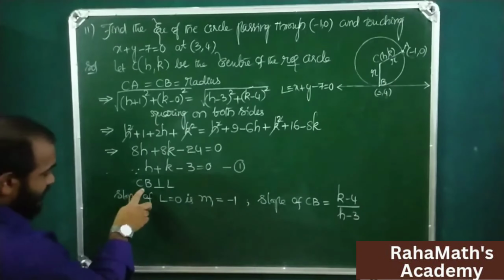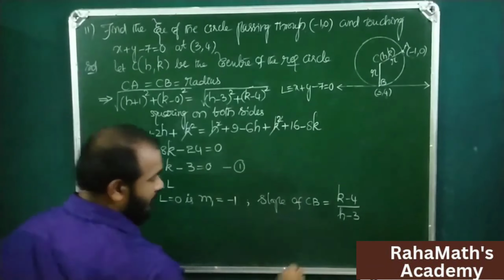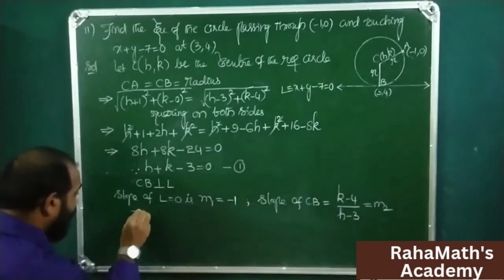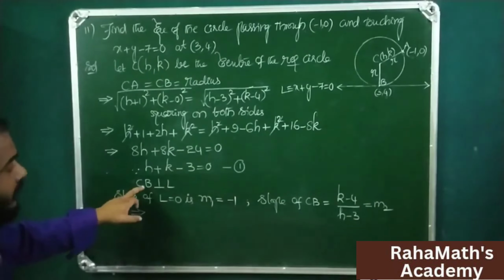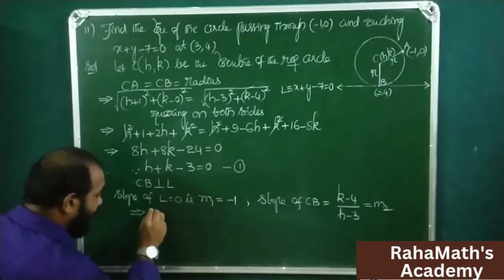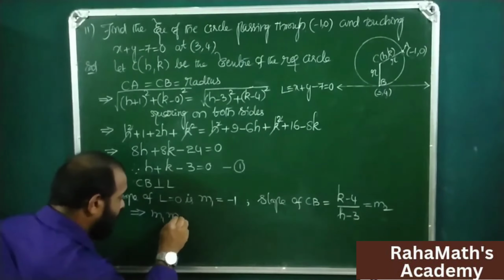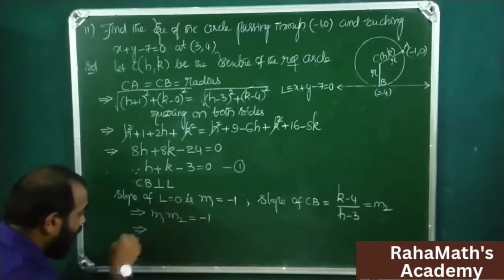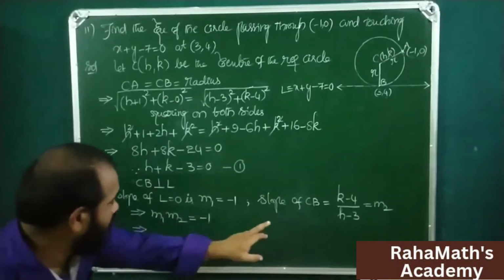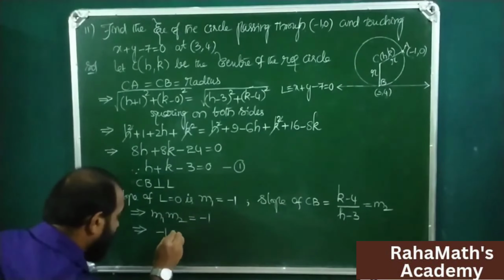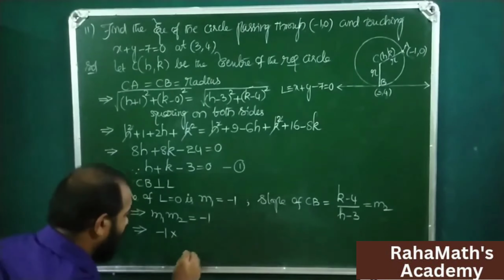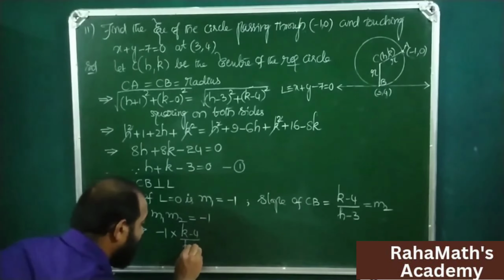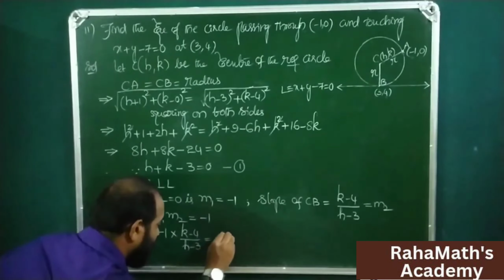Now, since CB is perpendicular to L, let us suppose the slope of this to be m2. Since the two lines are perpendicular, the product of the slopes is minus 1. That implies m1 into m2 is (k minus 4) by (h minus 3) equals minus 1.